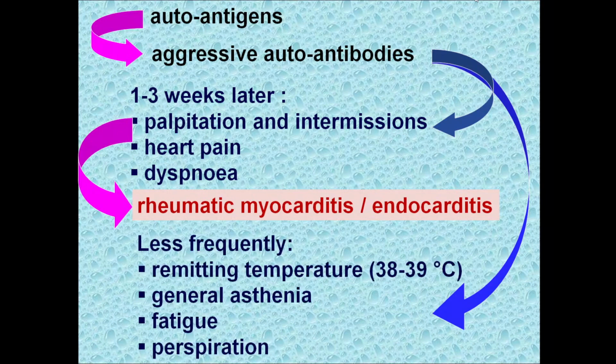In rare cases, this process manifests more actively and is characterized by remitting temperature. You remember it's higher than 38 degrees Celsius, accompanied with general asthenia, fatigue, perspiration.